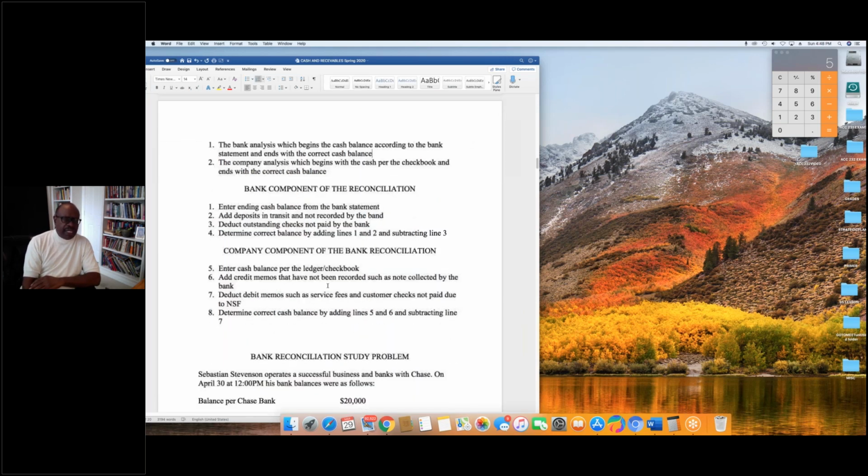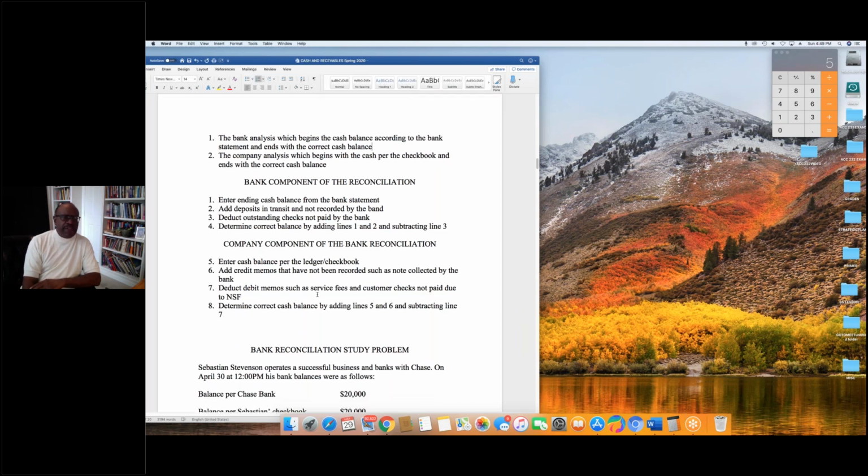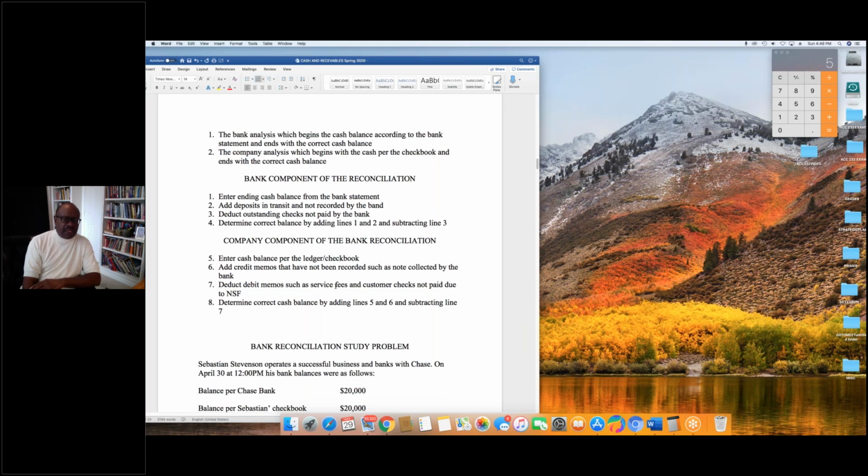With our company, we do a similar thing. We look at the cash that we show in our ledger and the checkbook. We see if there are any deposits the bank has made, such as interest, that we don't have, and then we have to record it. And then we deduct debit memos, such as service fees, customer checks returned, things like that, to determine our correct balance.